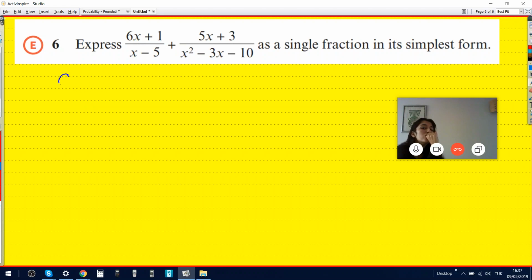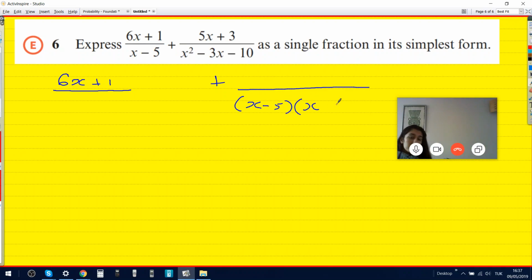And so because the other denominator already has an x minus 5, you can use that. So what would be your common denominator? x minus 5, x plus 2. Yeah.